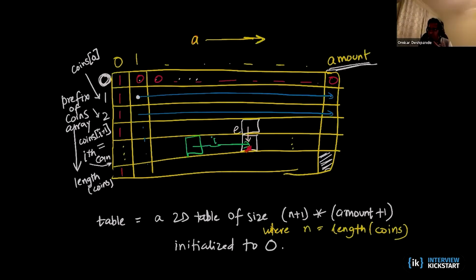If these two rows were folded into one, then the exclude case is already lying there. The include case is something that is added from the cell on the left. So doing that would collapse this 2D table into a 1D table.